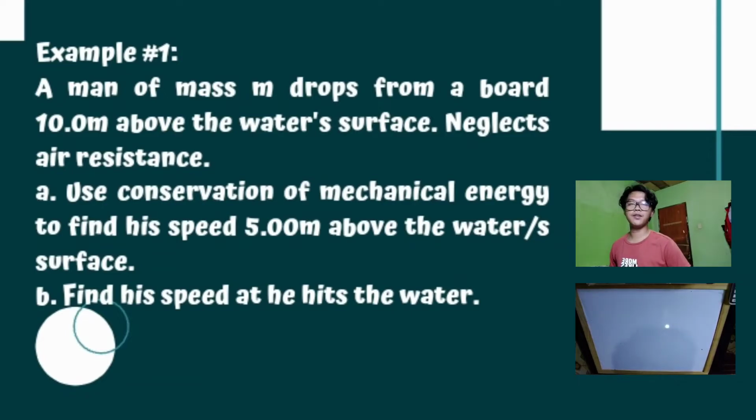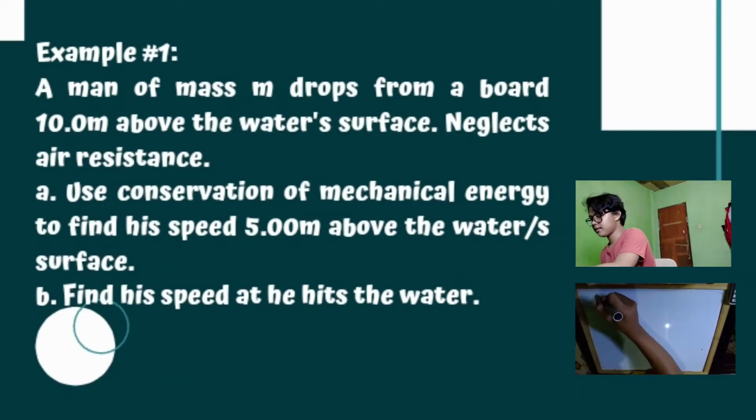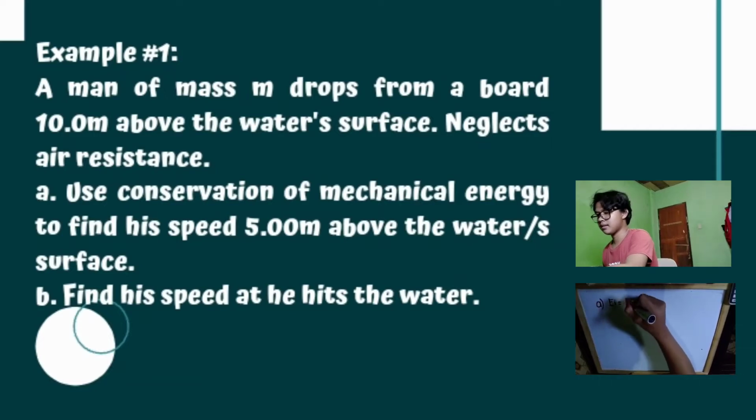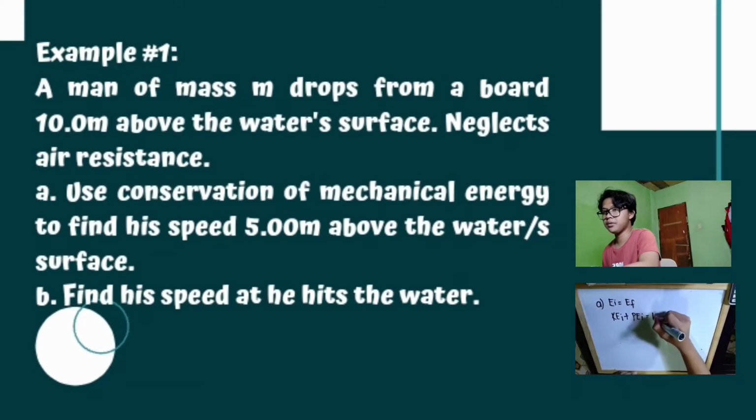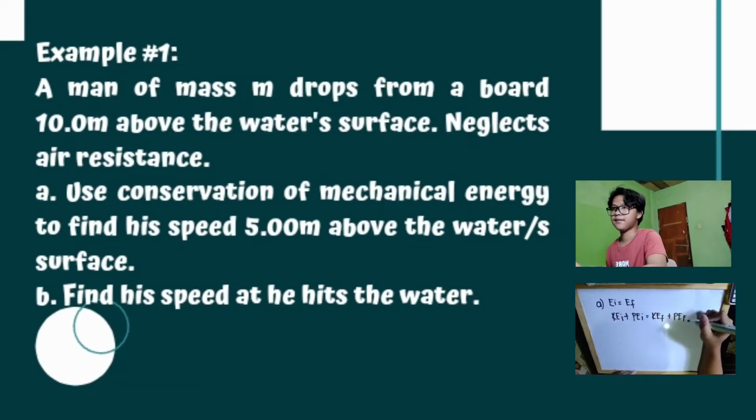So, let's move to letter A. E sub i equals E sub f, or E initial equals E final. So, kinetic energy initial plus potential energy initial is equal to kinetic energy final plus potential energy final.